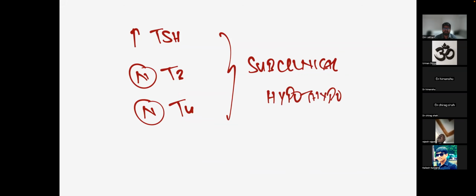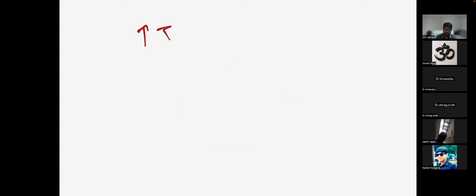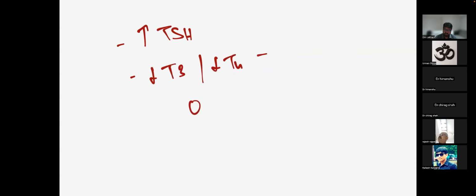In most of these cases, the TSH is less than 20. So this is typically subclinical hypothyroidism. And when you have elevated TSH with low T3 and low T4, this is overt hypothyroidism.